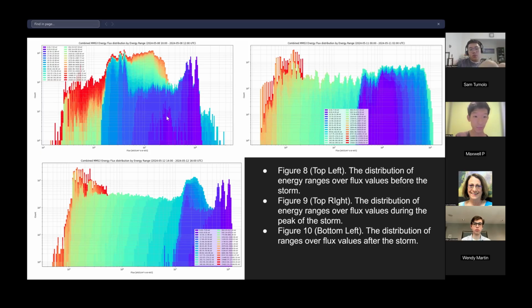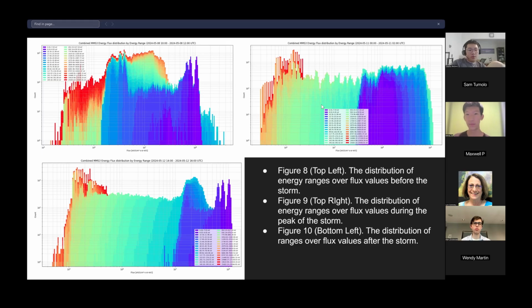What I found is that before the storm, the highest energy ranges had more activity at lower fluxes, and the lower energy ranges have more activity in the higher flux ranges. This is a very similar pattern for before, during, and after the storm, but there are some discrepancies.